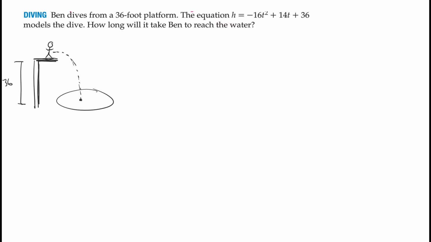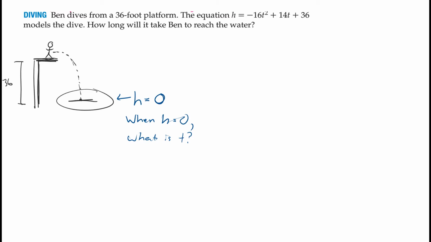So anyways, how long does it take him to reach the water? Well, when he reaches the water down here, what is his height at this? Well, that would be what we call ground level. So the height is equal to 0. And when h is equal to 0, what is t?